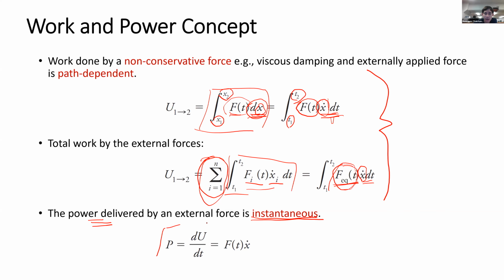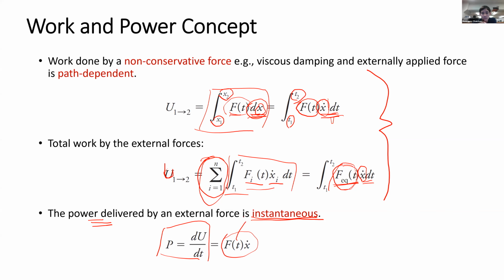We can obtain the power by the first time derivative of the mechanical work function by dt, or you may be familiar with power equal to force multiplied by velocity.